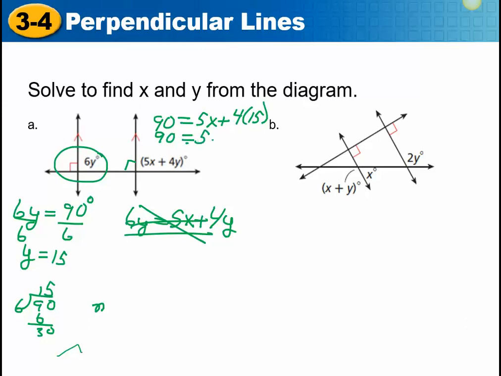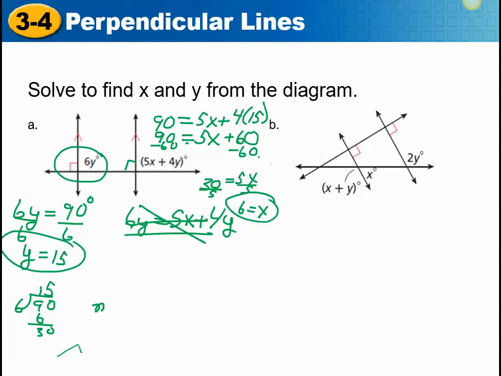First we solved for y because 6y was equal to 90, and we got 15, and then we plug that into the other expression. Minus 60, so we get 30 equals 5x, divide by 5, so 6 equals x. So we found both of our values, and then we know we're done.